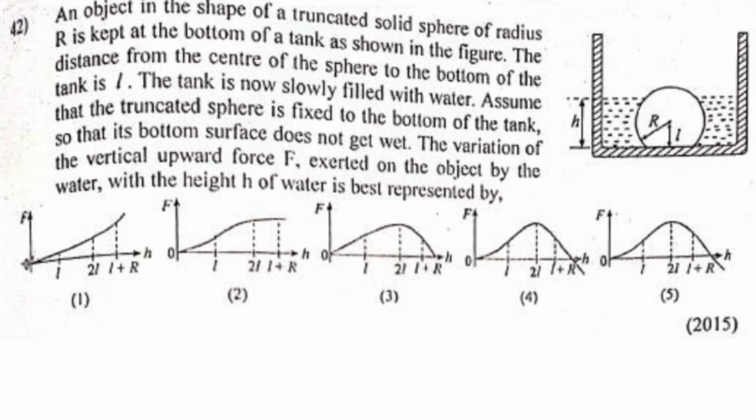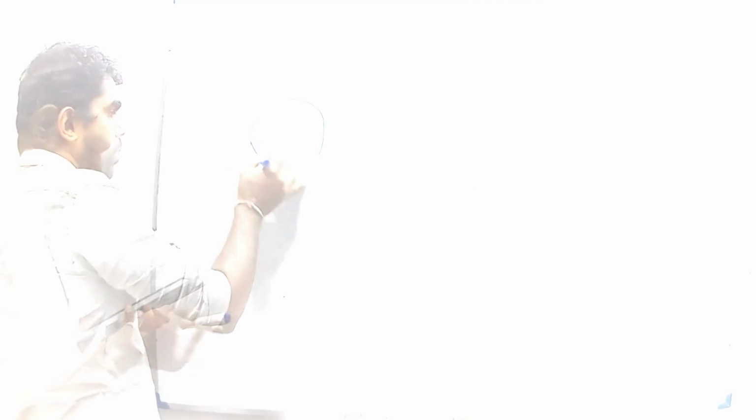The distance from the center of the sphere to the bottom of the tank is L. The tank is now slowly filled with water. Assume that the sphere is fixed to the bottom of the tank so that its bottom surface does not get wet. The variation of the vertical upward force F exerted on the object by the water with the height of water is best represented by. It is like this.